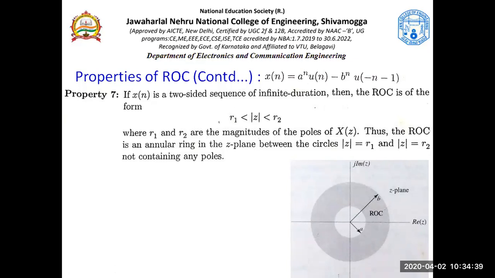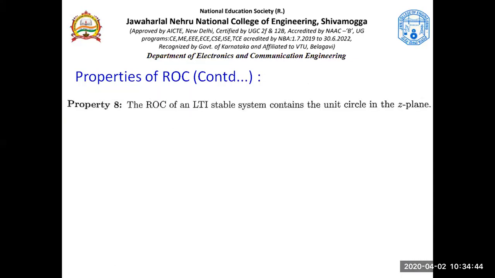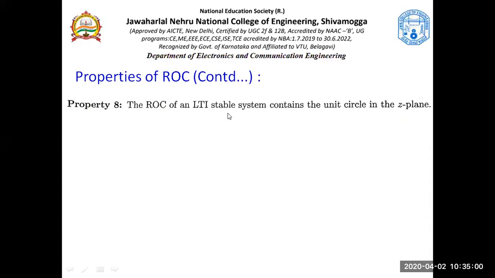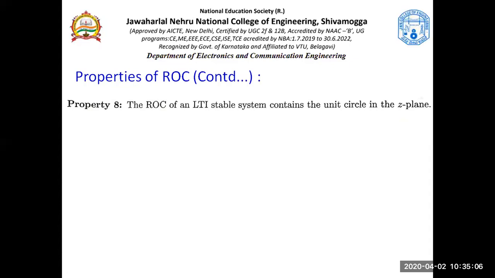Now what is the next property? The property says that the ROC of an LTI stable system contains the unit circle in the Z plane. When we discussed the properties of the system, we discussed stability. If you remember, what is being stable?